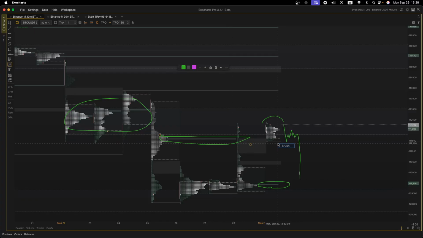So having in mind this NPOC that should act as resistance going forward if we're bearish, and of course that we have a composite here that we could potentially be rejecting, and flip of 111.8, and we're going back lower. Now the bullish scenario would be slow grind up.